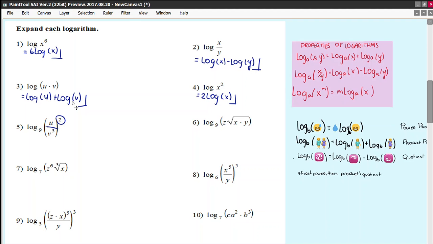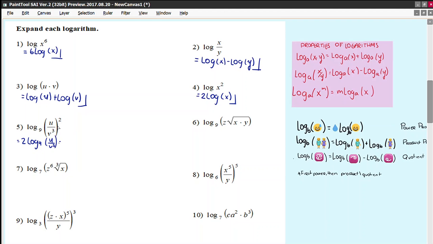So we're going to solve this by using the hierarchy of operations, meaning powers, quotients, etc. So the first thing I have to get rid of is this power. When I have a power inside my argument, that power is going to go outside as 2 times logarithm base 9 of u over v to the power of 3.